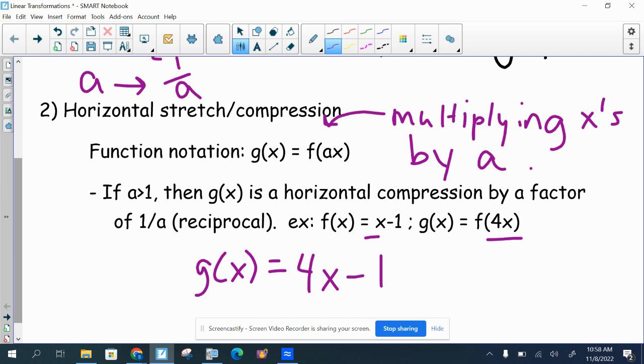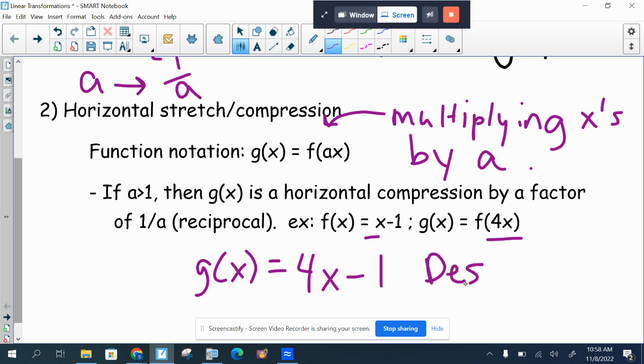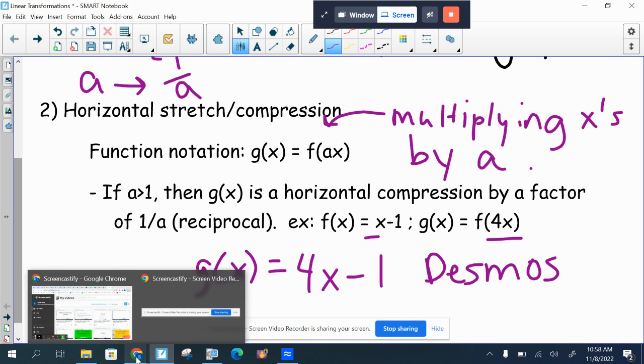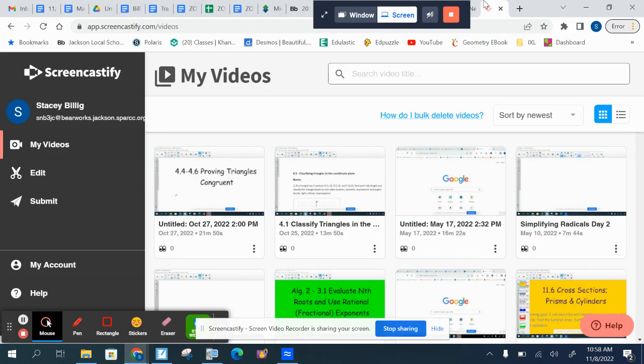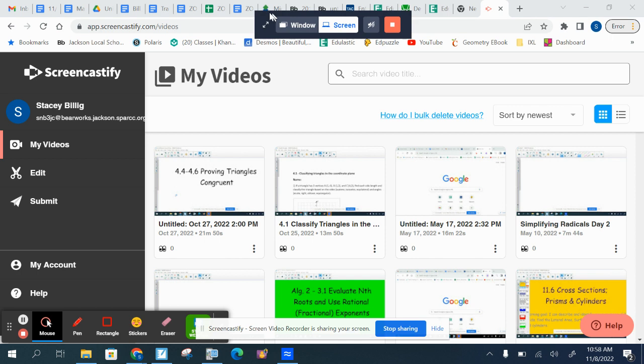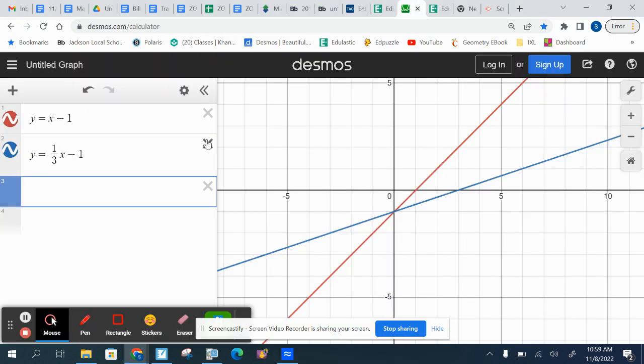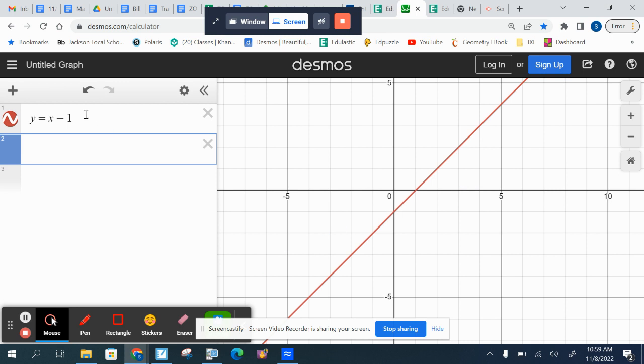So go ahead and open up your Chromebook. Go to desmos.com. Have you guys ever used Desmos? And then the graphing calculator. In the first line, you type in y equals x minus 1.